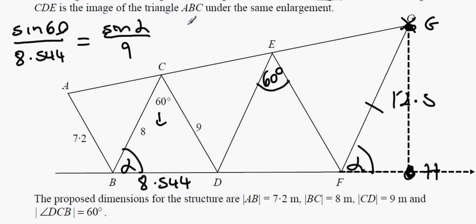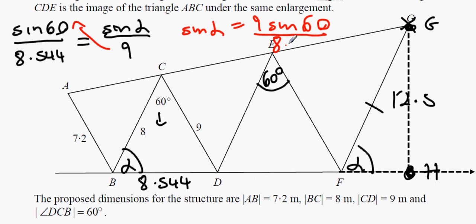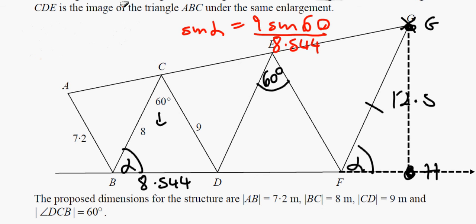So therefore sine alpha, bring the 9 up here, is 9 sine 60 divided by 8.544. And what we get is sine alpha equals 0.9122.